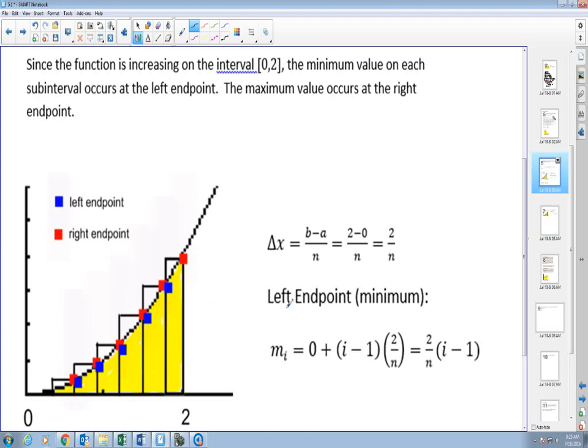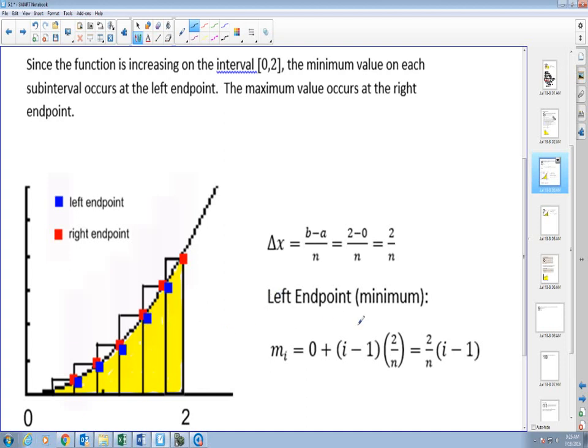Let's take a look at the left endpoints. Remember, the left endpoints are the blue. If I count how many left points I have, I'm actually one short compared to the right endpoints.